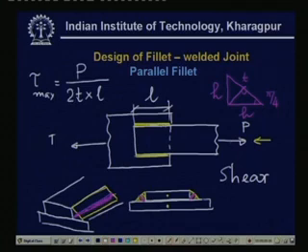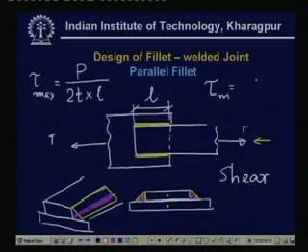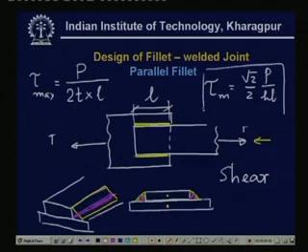Therefore, twice T L, and T from the earlier relationship, so tau max is equal to root 2 by 2 times P by H L. Now, this is the formula which we use for designing the parallel fillet in the fillet welded joint.